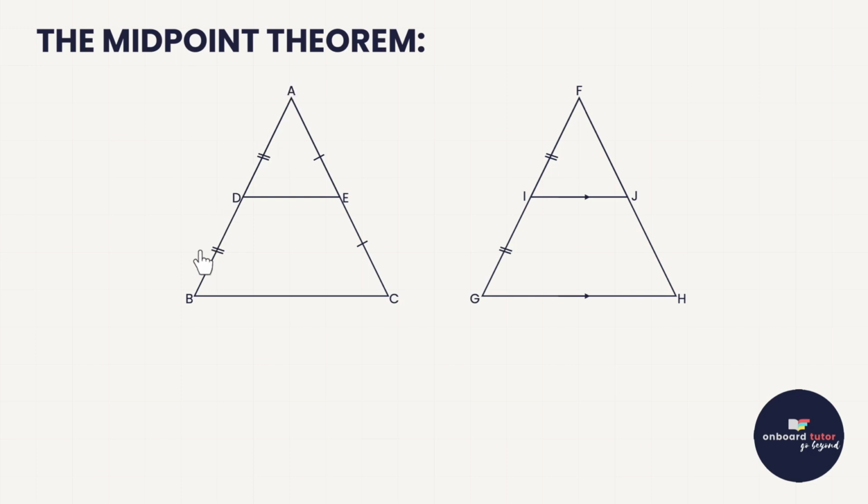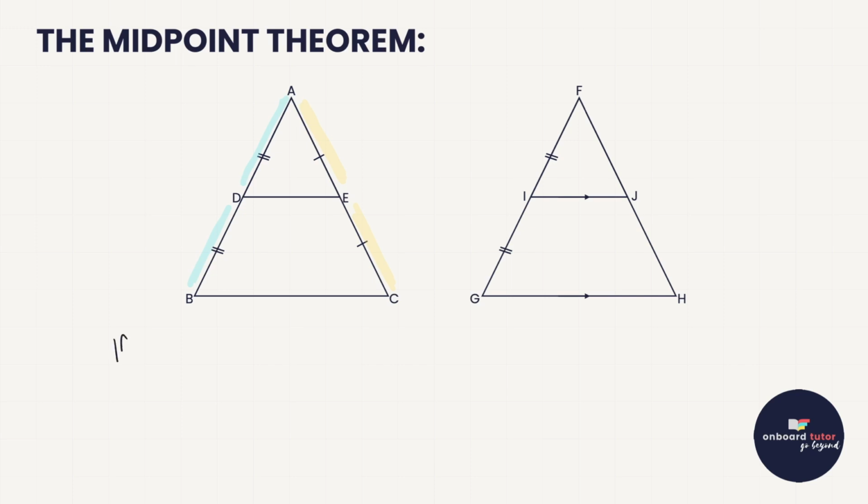Okay, so the midpoint theorem works like this. If I'm given a triangle, and within that triangle there's another line, but it works out that this length here, AD, is equal to BD, and this length here, AE, is equal to EC, then I can make some conclusions. So let's write this down.